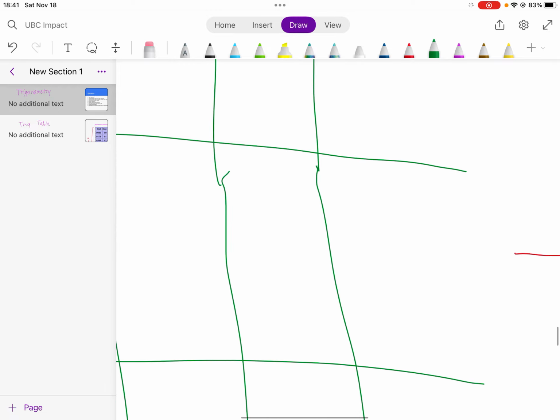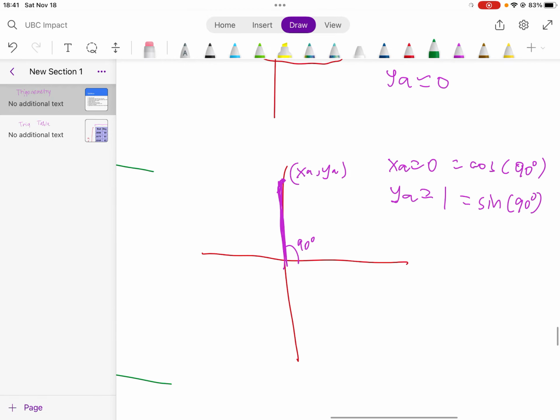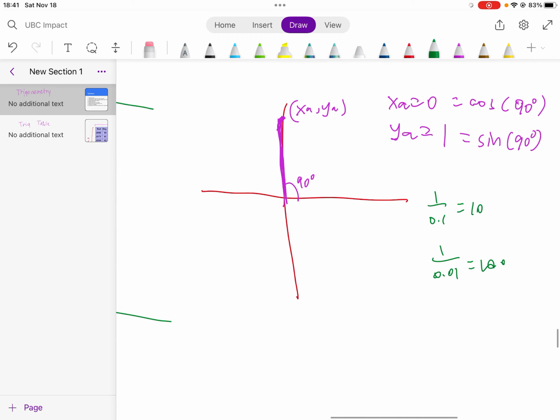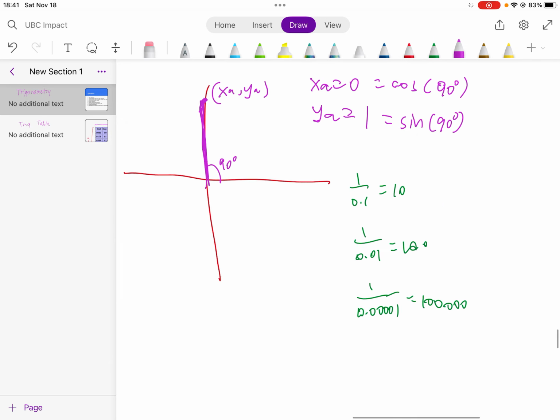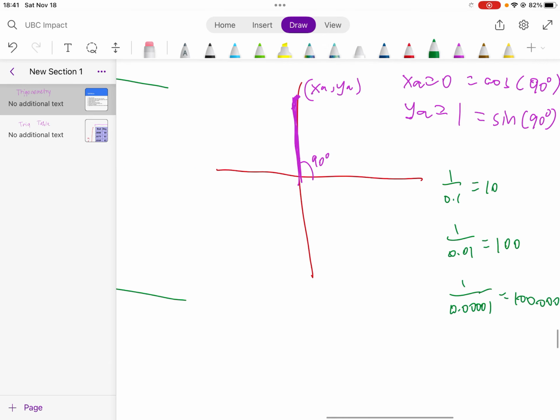What is 1 divided by 0? It's not really defined, but if you think about it, 1 divided by 0.1 is 10, 1 divided by 0.01 is 100, 1 divided by 0.00001 is 100,000. So as this number approaches 0, the ratio on the right side becomes bigger and bigger, and eventually becomes infinity if you make the left one 0.